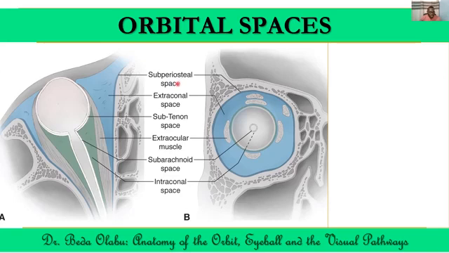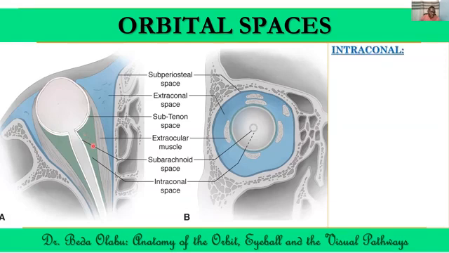The extraocular musculature form a cone between the globe and the orbital apex. And so the space external to the extraocular musculature is known as the extraconal space. And the space internal to the cone is known as the intraconal space.